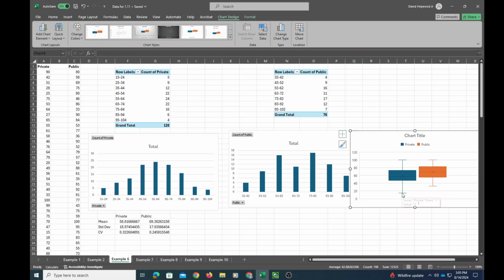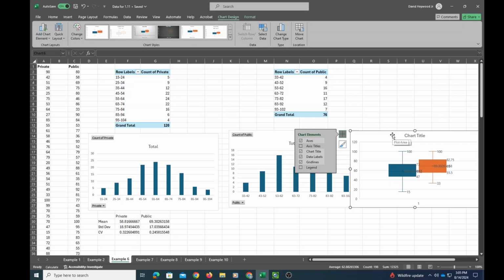Some private schools are very selective. If we add some data labels, yeah, some private schools have an acceptance rate as low as 15%, or probably even lower. Anyway, looking at a side-by-side box plot is really, really helpful when you're wanting to compare data sets.